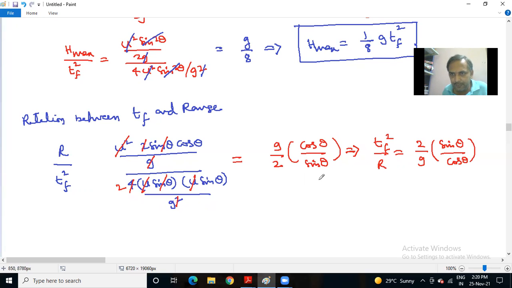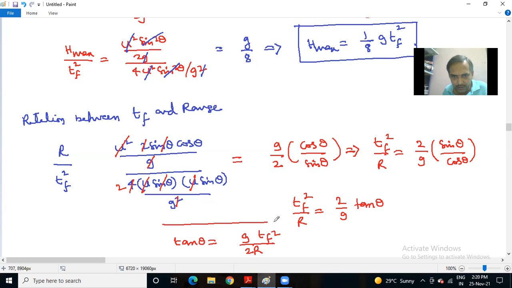So finally, you will get time of flight square by r is equal to 2 by g tan theta. So you can rewrite this as tan theta is equal to g by 2r times Tf square. So there will also be a numerical on this step.